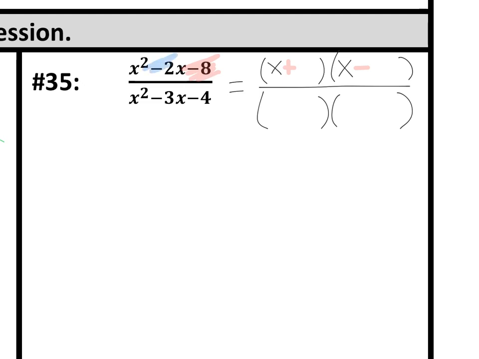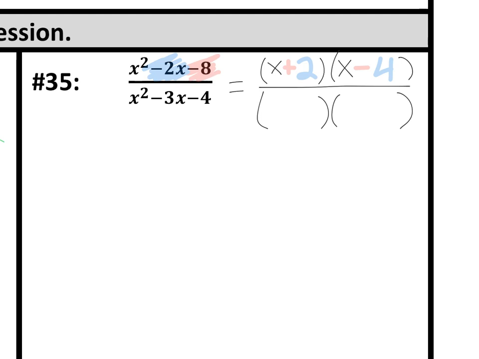And since the middle one, negative 2, that b is negative, that means that the negative one is going to be the bigger of your two numbers. So we're looking for two numbers that multiply to get negative 8 and add to get negative 2. They happen to be negative 4 and positive 2. Double check them, make sure they work.